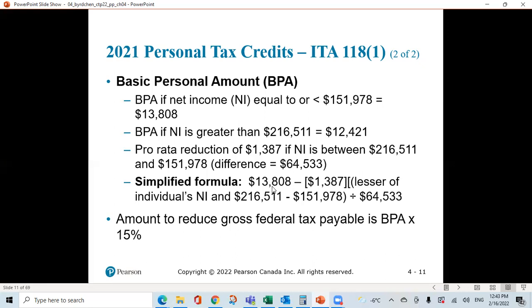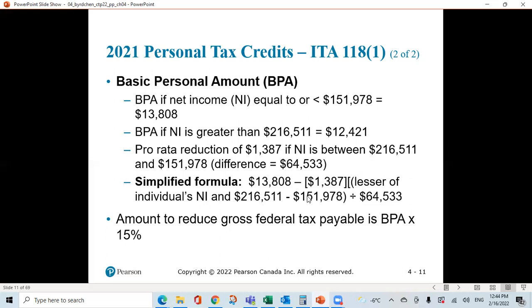We have our $13,808 introduced by the government. Deduct the prorated reduction, $1,387, times the lesser of the individual's net income and $216,511. So which one is lesser, your net income or the top bracket? Deduct the third bracket's amount, $151,978.